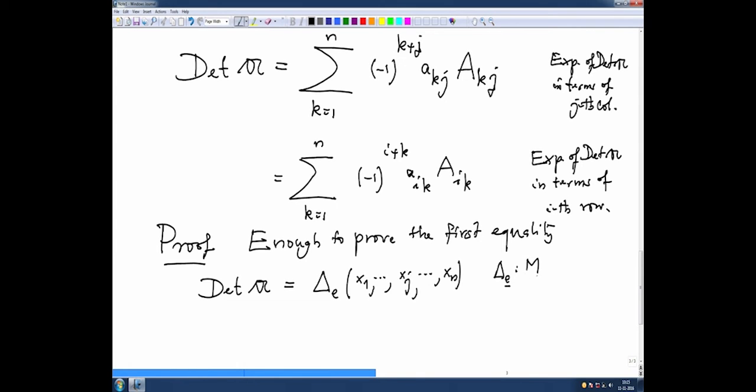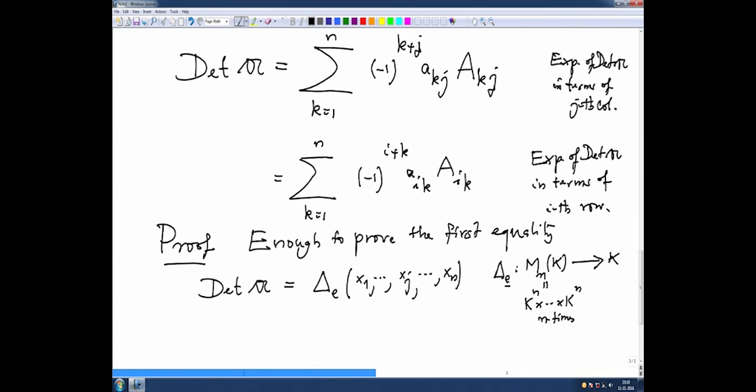You think of it as a map from M_n(k) to k. This M_n(k) you can think of as k^n cross k^n cross k^n, n times. We define these by using the standard basis of k^n, and the standard basis also we think of as columns.